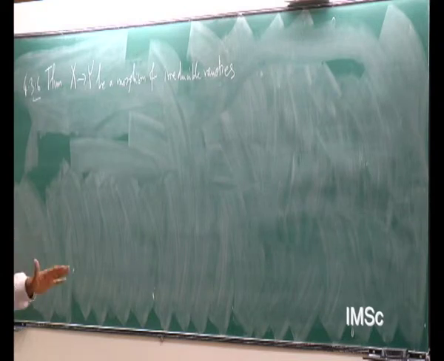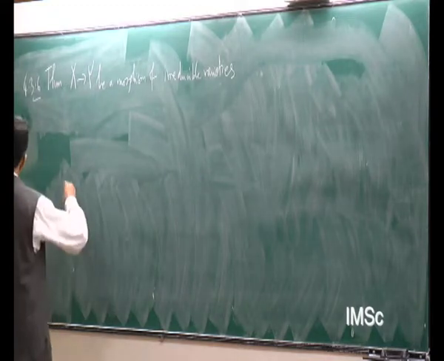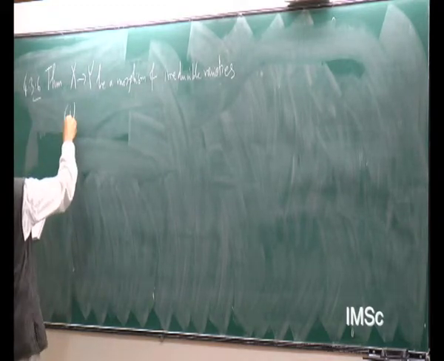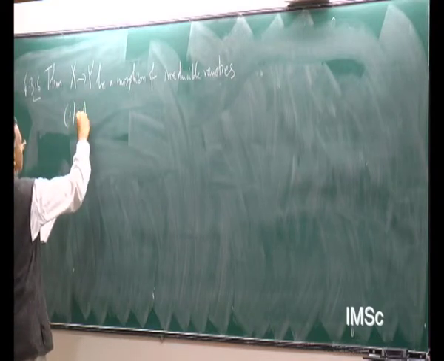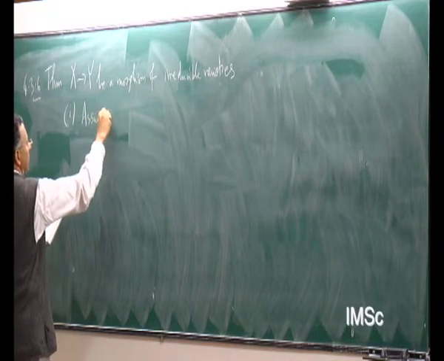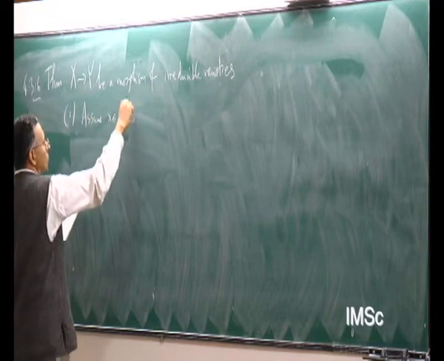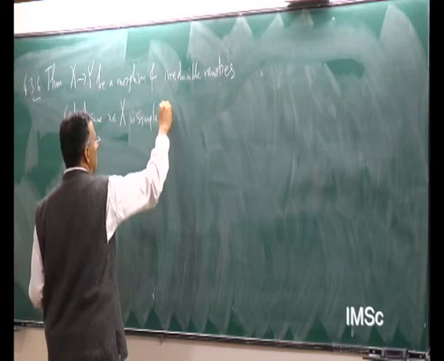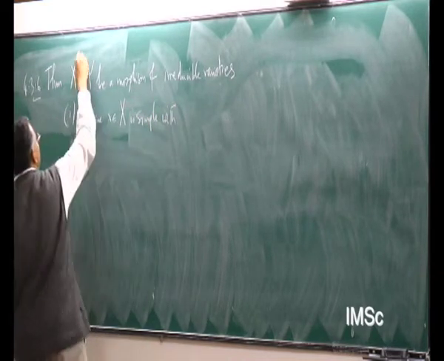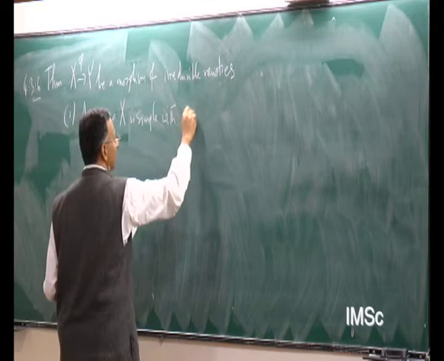We are doing it for all varieties. Assume x in X is simple, with phi x simple in Y.